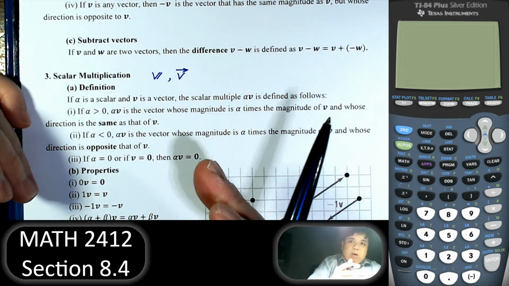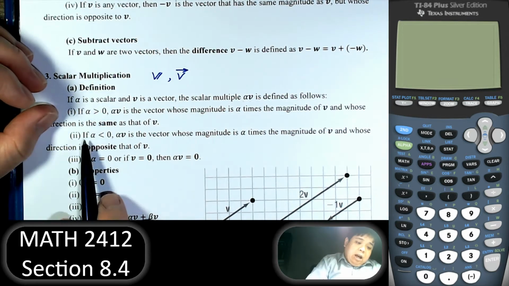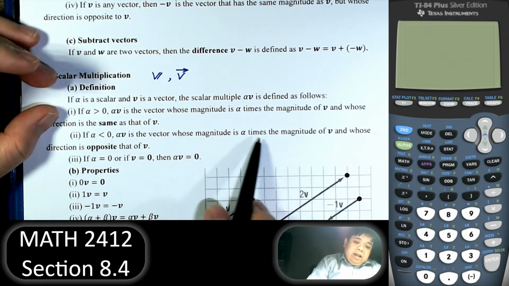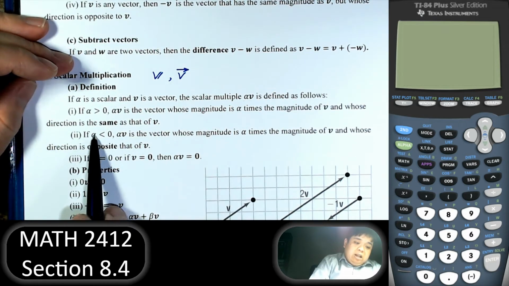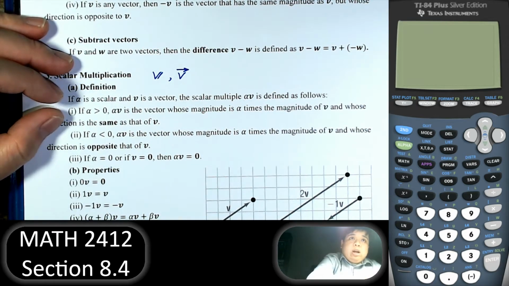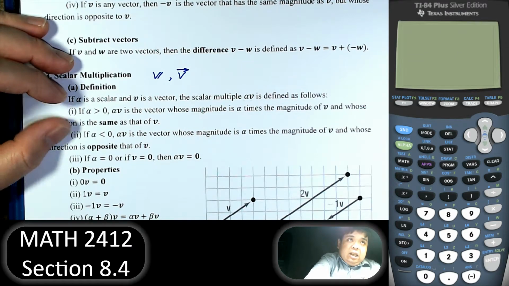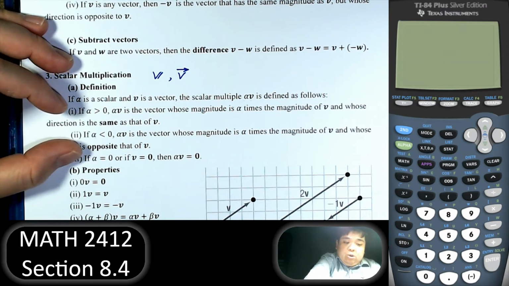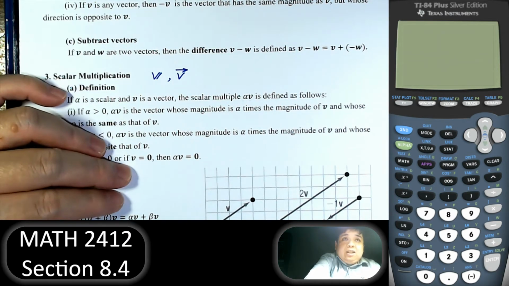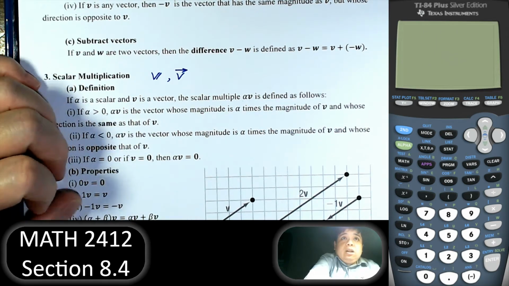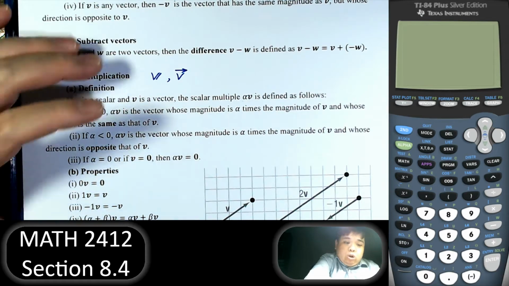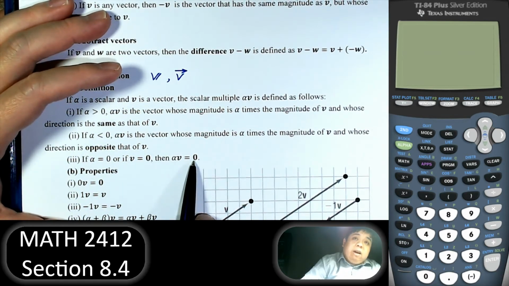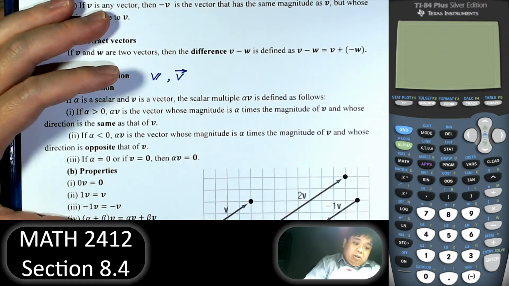If it is smaller than 1, it will get smaller. If alpha is negative, then we multiply the magnitude, but because of the negative, it goes in the opposite direction of v. And if alpha is equal to 0 or vector v is equal to 0, then the product of the number and the vector v is equal to a 0 vector, not a 0 number.